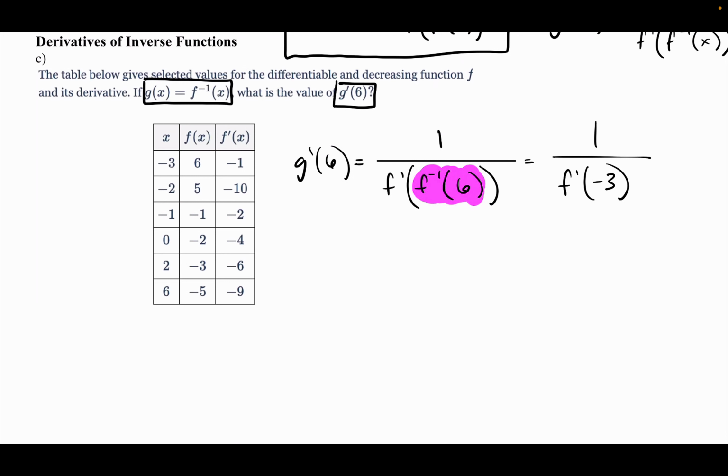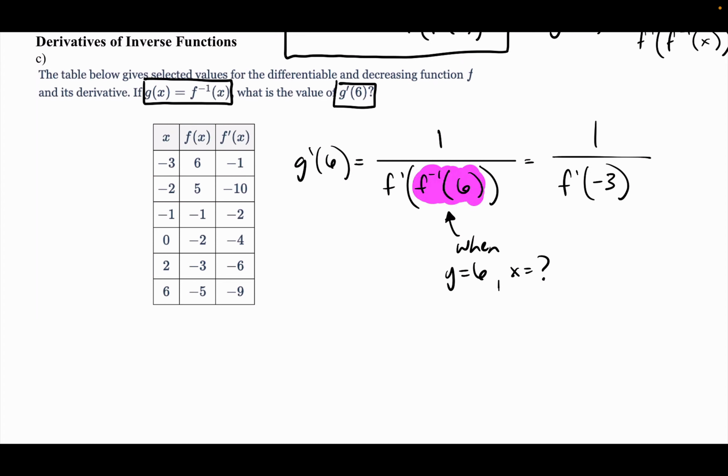Okay, so this meant when y equals 6, x equals what? That's what that meant.